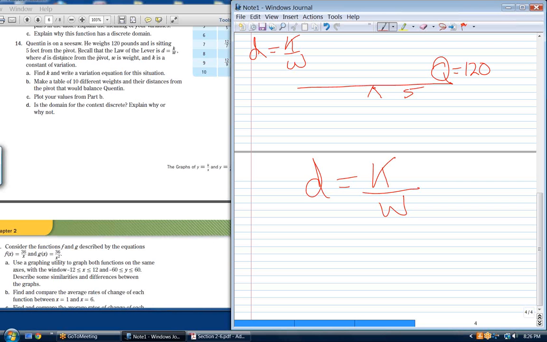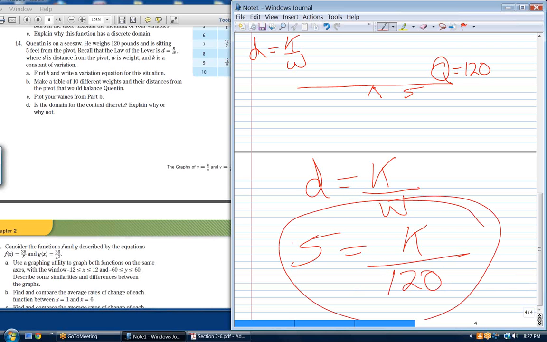So D is the distance from the pivot. What's that equal to? 5. W equals the weight. What's that equal to? That is 120. Solve that equation for K. So it's 5 times 120.